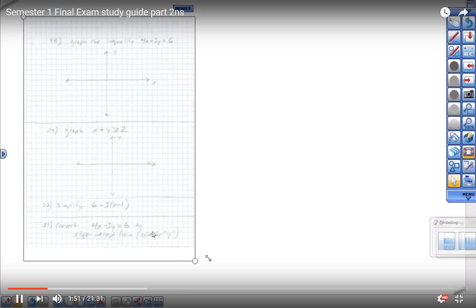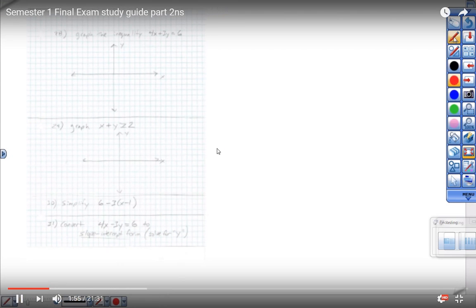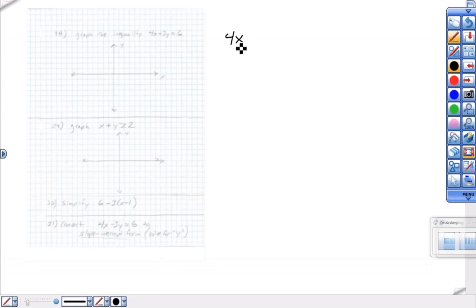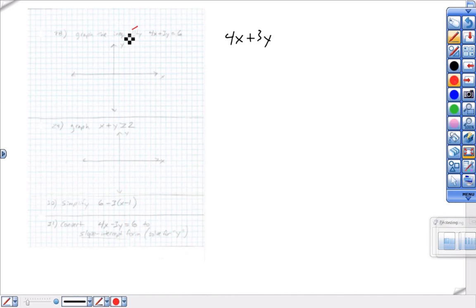Alright, the next one, I'm going to solve this by graphing. That's an equation. That's not an inequality. So make sure you make that fix. That's an equation. So I'm going to solve that for y. Now I'm going to write the equation in there.